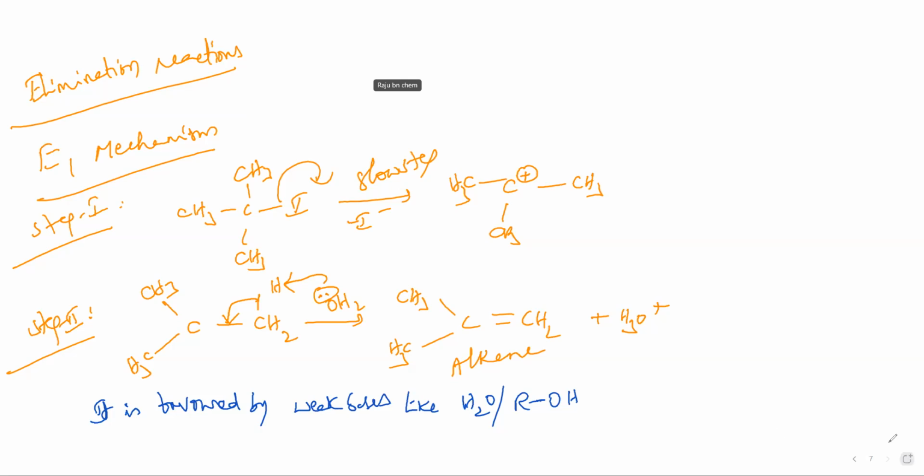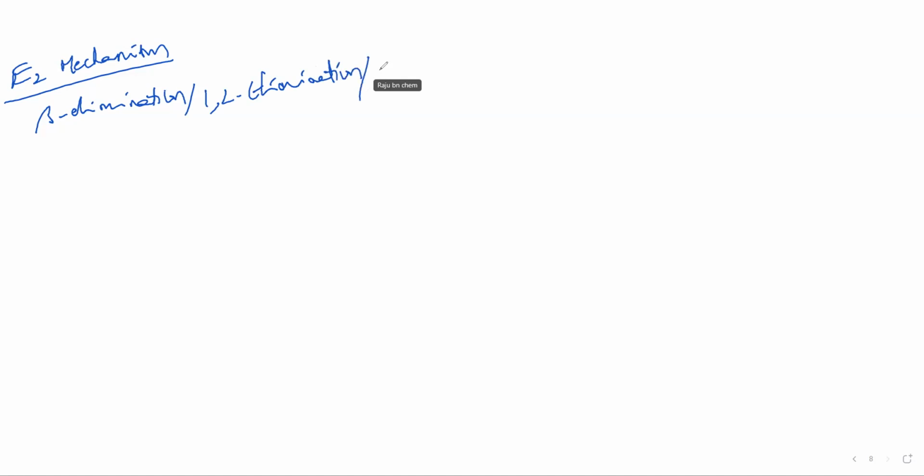Next mechanism, the E2 mechanism. This is also known as beta elimination, 1,2 elimination, or trans elimination.